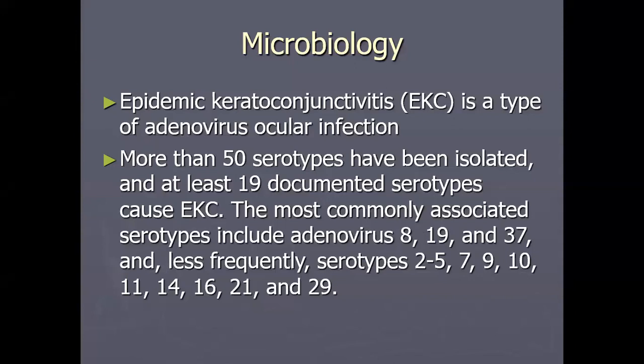Very less frequently, there are other serotypes which can also cause adenoviral keratoconjunctivitis, EKC, and they are in front of your screen. But basically, if there is any MCQ in front of you and they ask about the serotype, you have to write 8, 19, and 37. These are the three main serotypes of the adenovirus that cause the EKC.